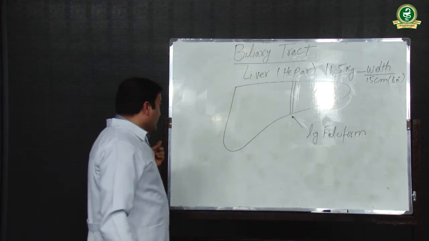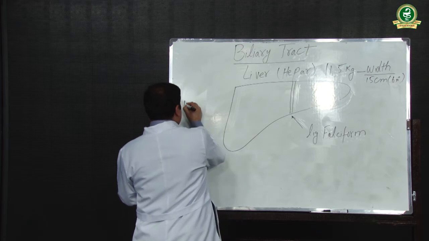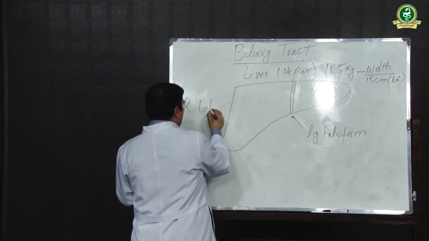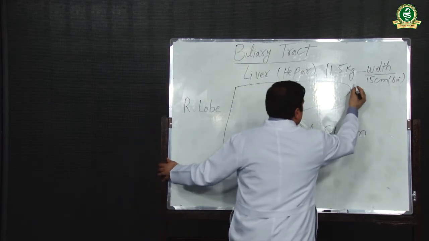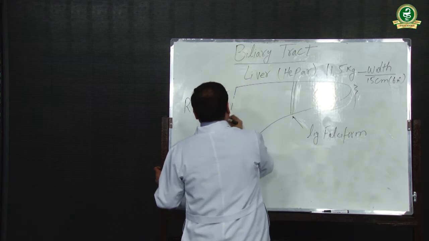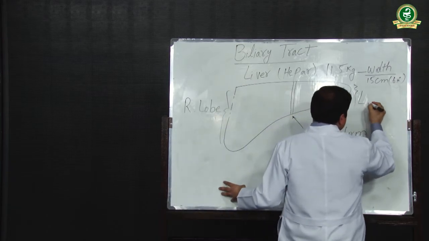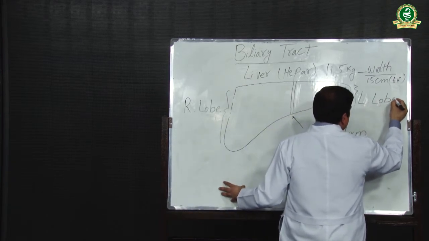Two lobes, it means right and left: the right lobe and the left lobe.